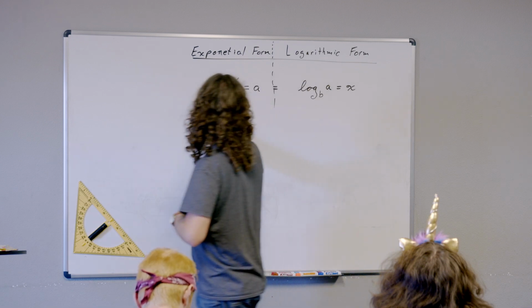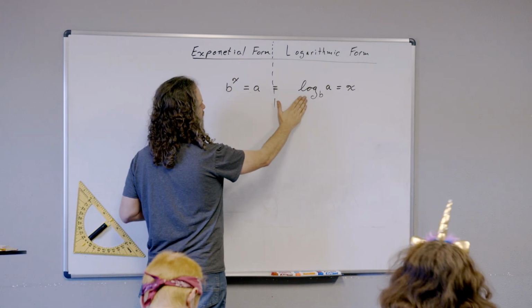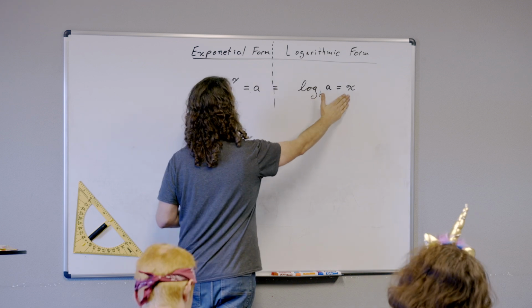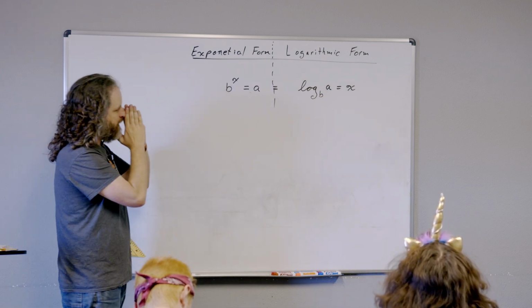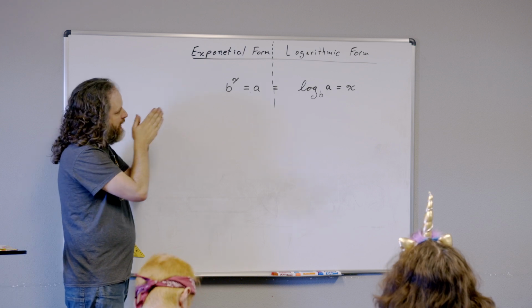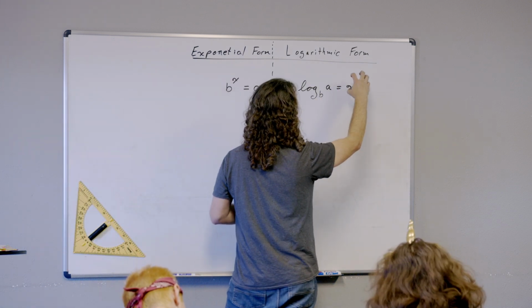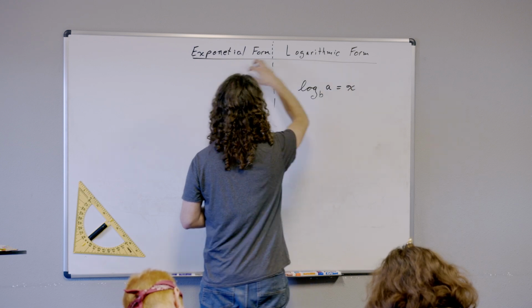If we have b to the x equals a, we could turn that into log base b of a equals x. The key difference and the biggest important idea is that logarithms focus on the exponent. The emphasis is on the exponent from the exponential form.